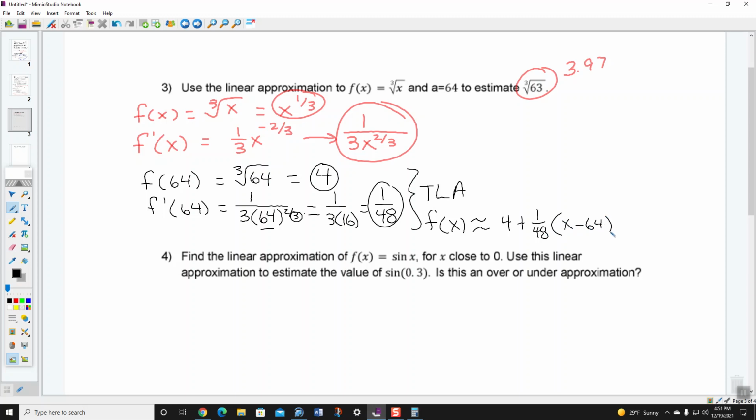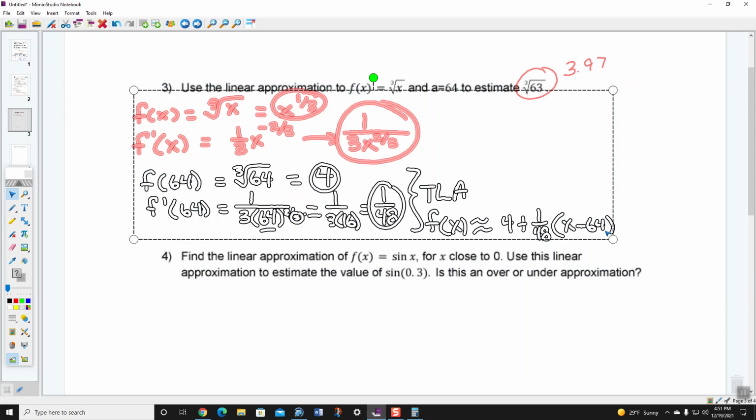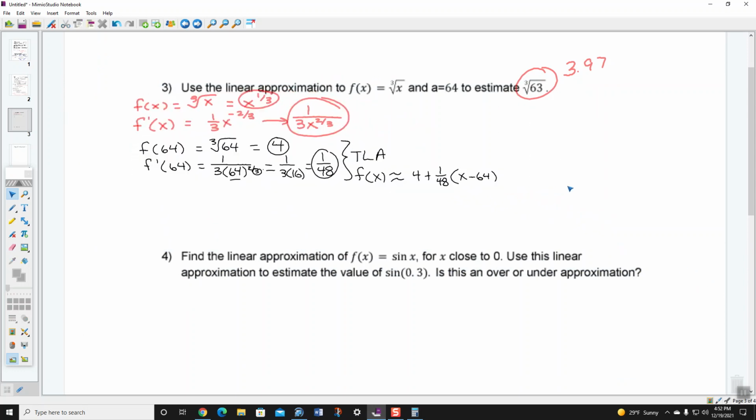So I'll simplify this quickly. So what we end up with here, kiddos, is the following. We end up with f of x is approximately 4 plus 1/48 x minus 64 over 48, which I can tell you reduces to 4/3.